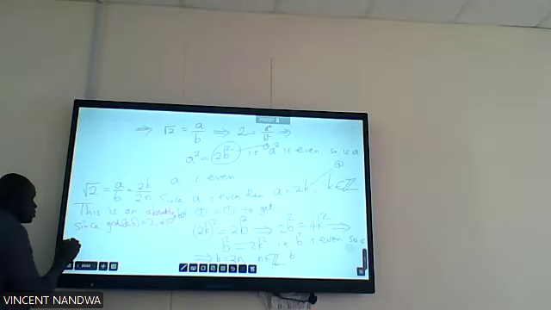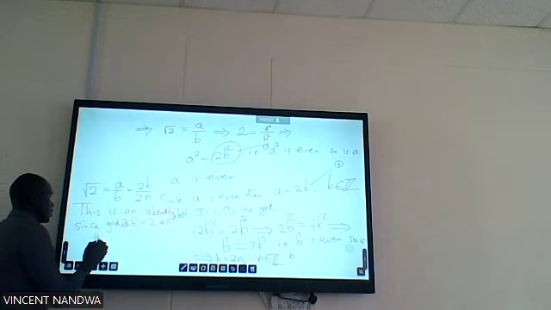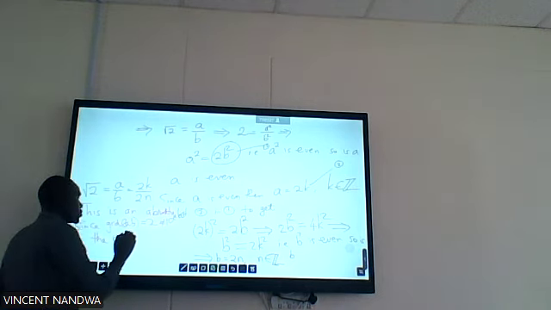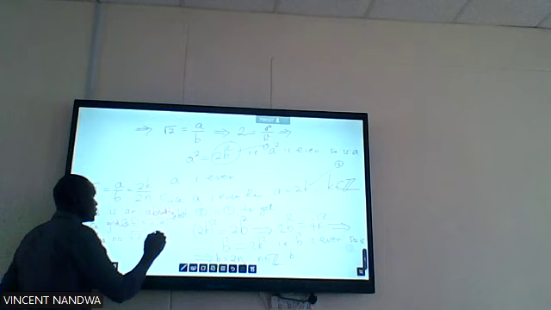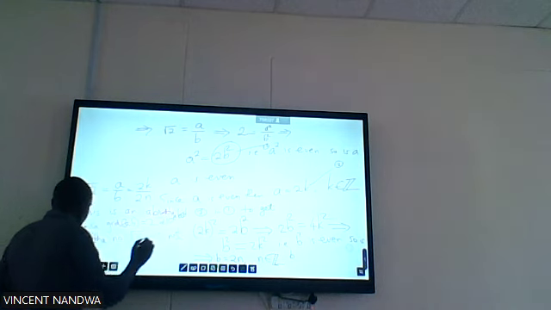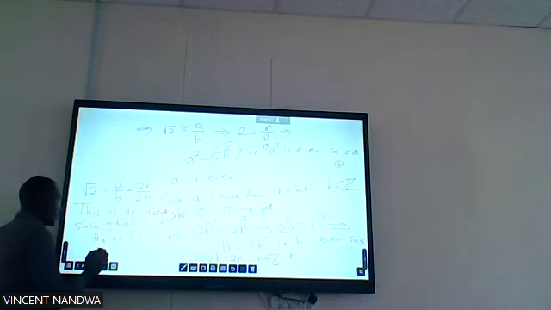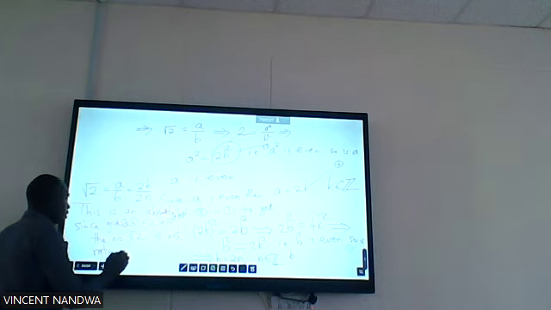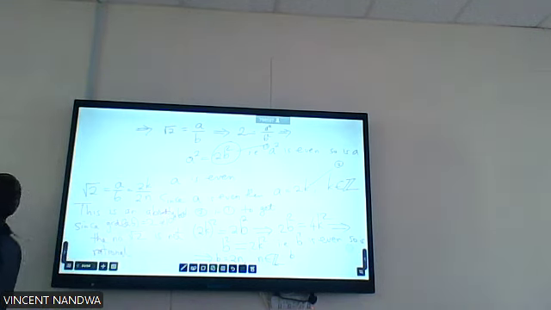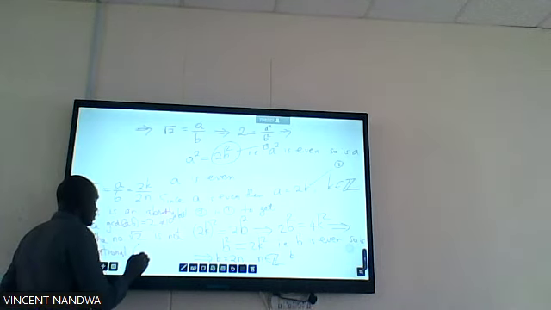So therefore, the number root 2 is not rational. And when you say root 2 is not rational, then it must be irrational, because that's the opposite.